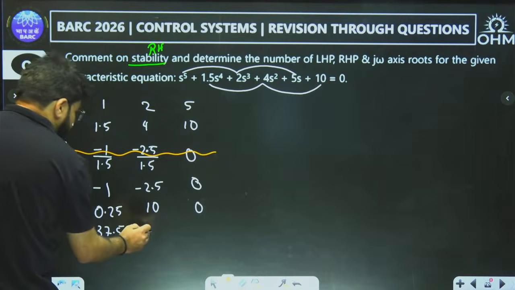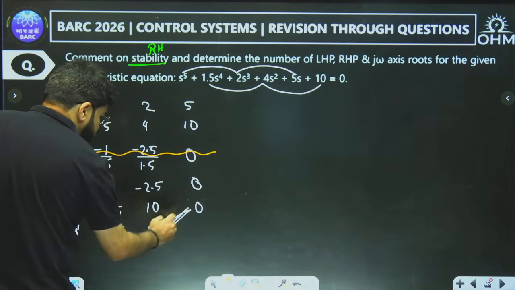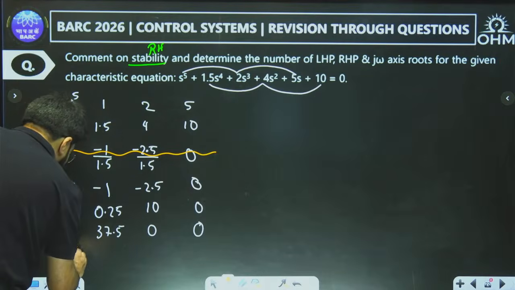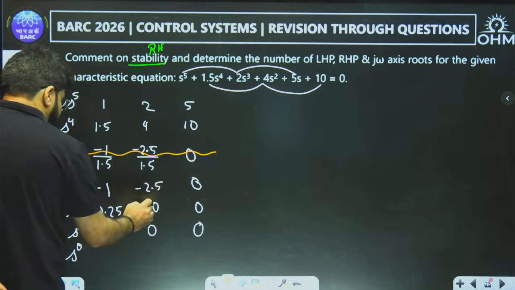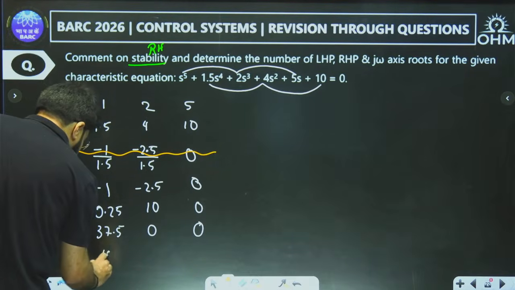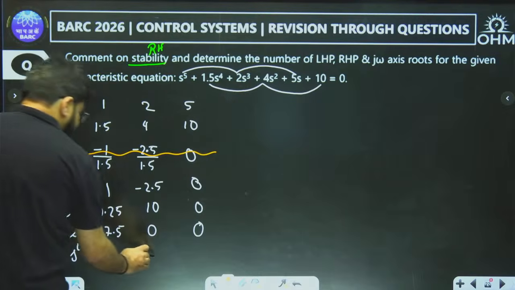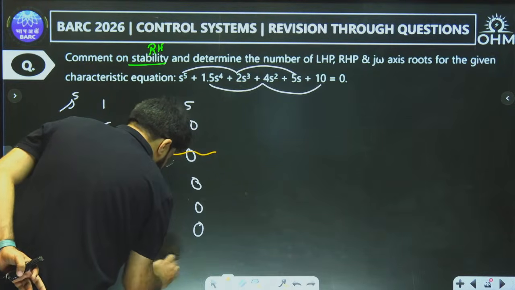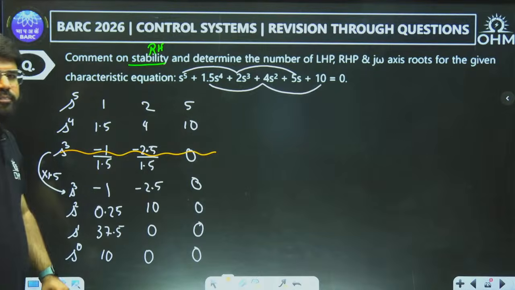The next entry is 0 because the next column entry is 0, and the last element is anyway 0. Now s raised to the power 0: 37.5 into 10 divided by 37.5 gives 10, the last element, and the remaining entries are 0.